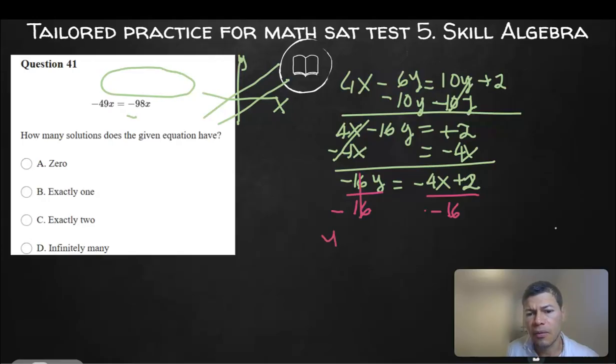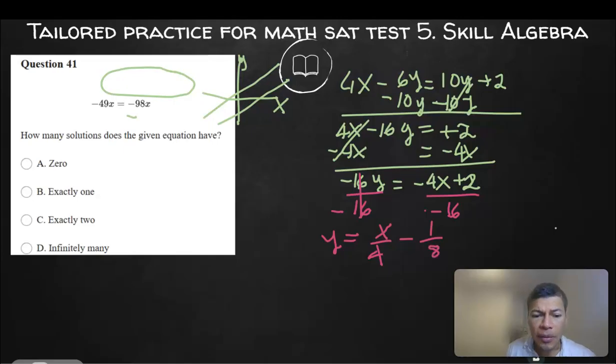These cancel each other out, and I have that y equals, negative divided by negative gives me positive, so this is going to be x over 4, minus, because positive 2 divided by negative 16 is negative. Half of 2 is 1, and half of 16 is 8.